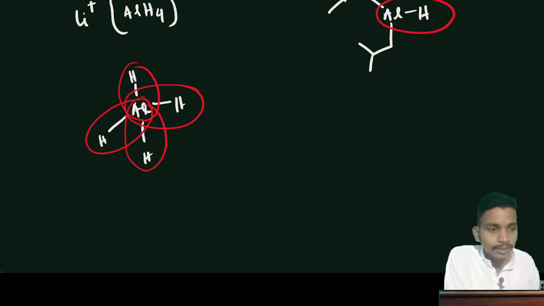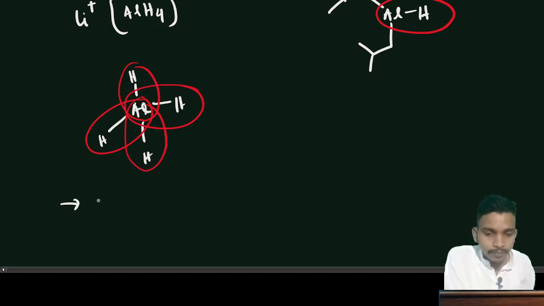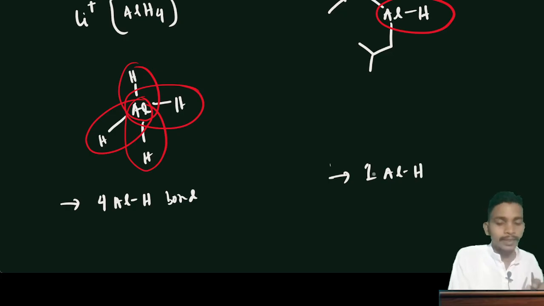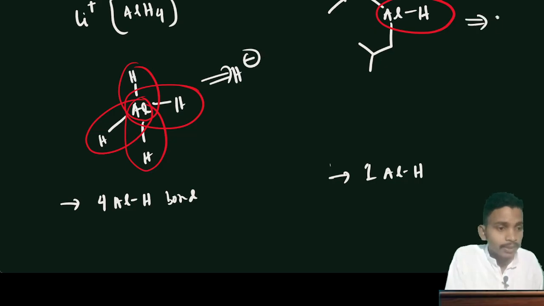So what we notice is that here we have 4 Al-H bonds, and here we have only one Al-H bond. Since it is a hydride transfer reducing reagent, we get H minus from here, and here also we get H minus.